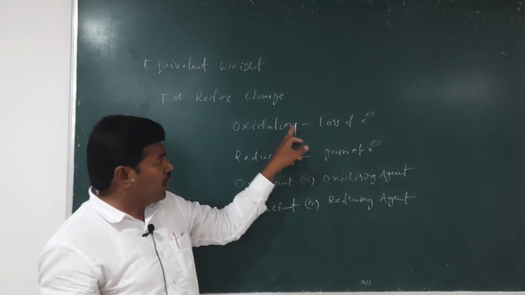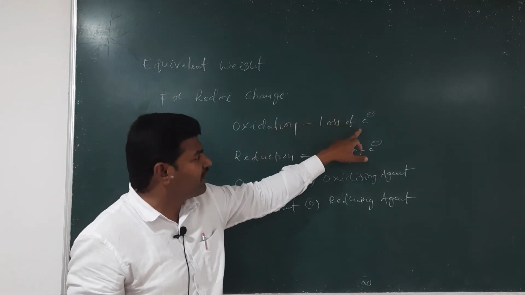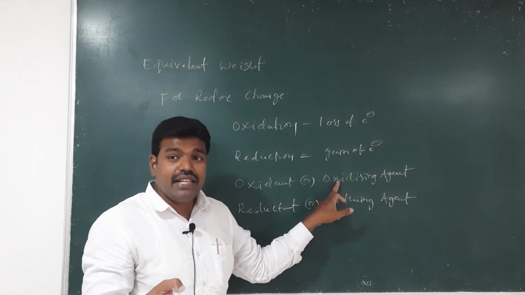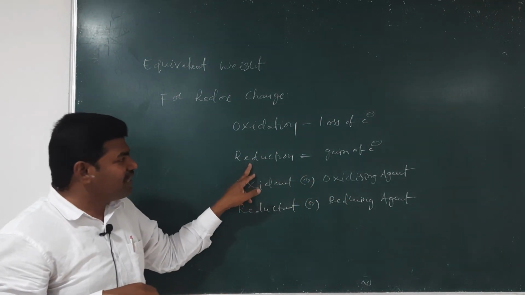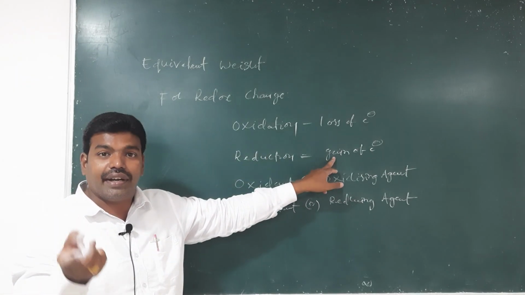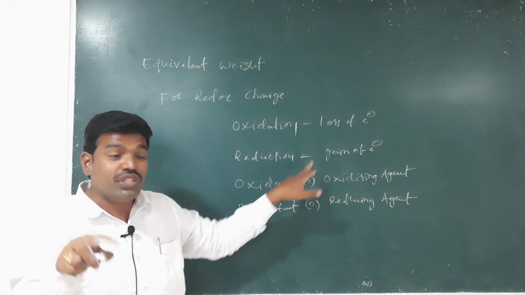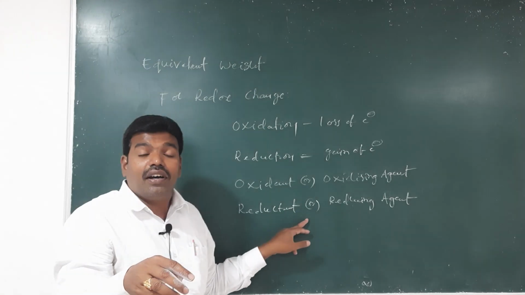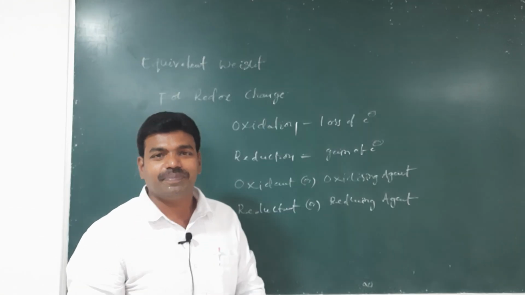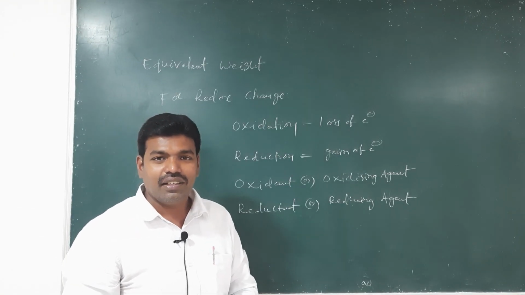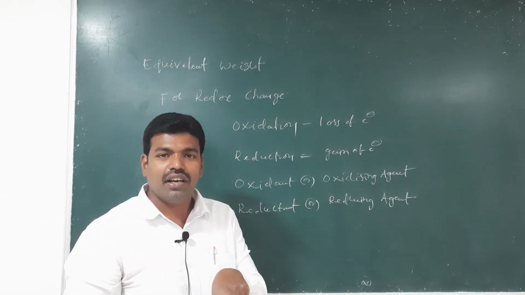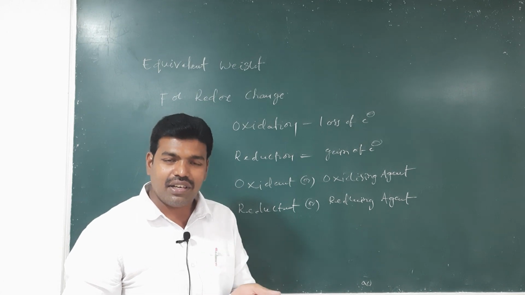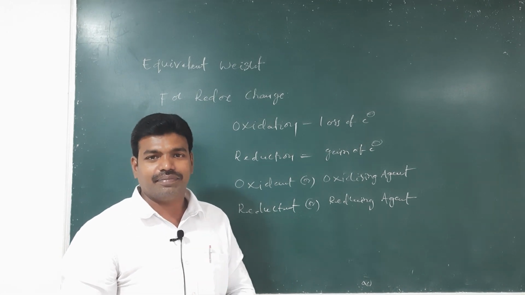Oxidation means loss of electrons, but an oxidizing agent itself gains electrons. Gain of electrons is called reduction, but a reducing agent itself loses electrons. I hope you catch the difference between oxidation and oxidant, reduction and reductant.